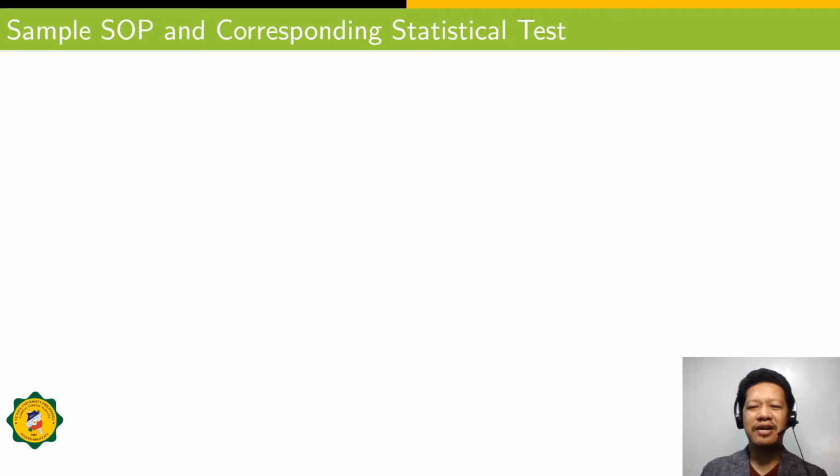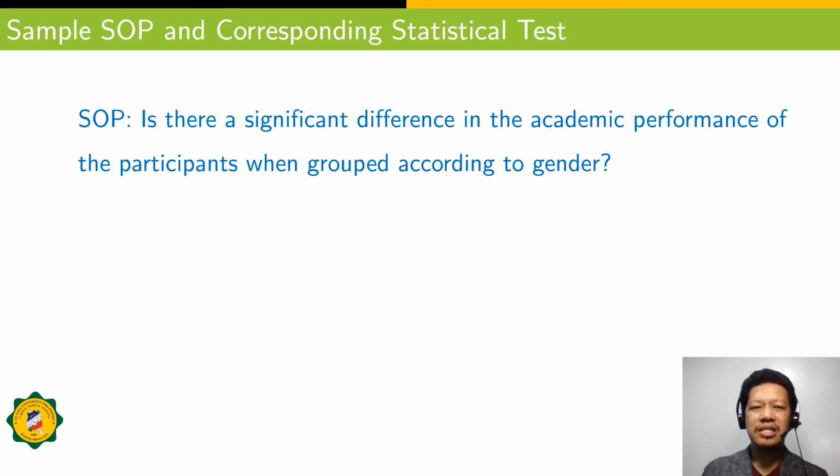So let's have some exercises on how to choose the appropriate statistical test given a sample statement of the problem or a results question. Let's say, for example, we have this SOP: Is there a significant difference in the academic performance of the participants when grouped according to gender? What particular statistical test is to be used? We first determine how many samples or groups are being compared.